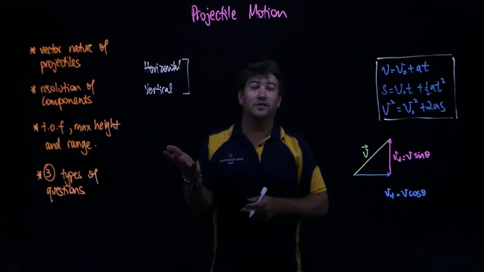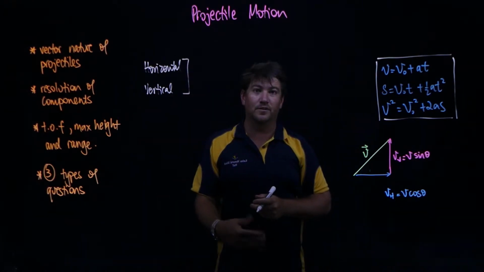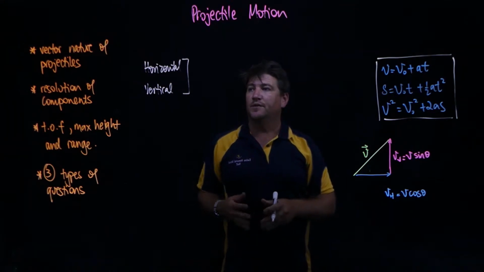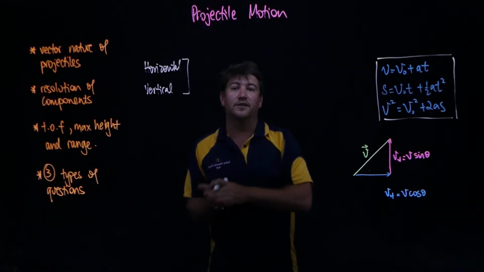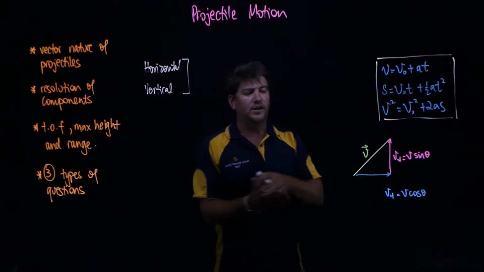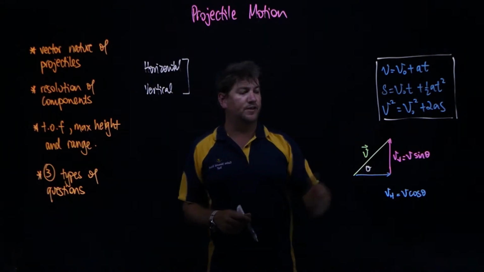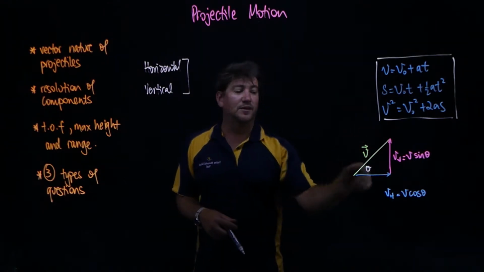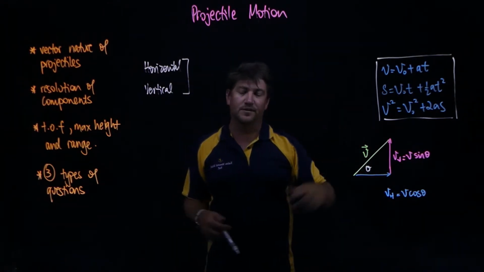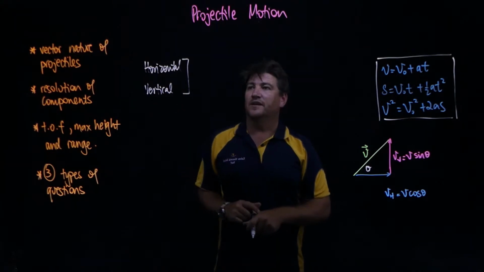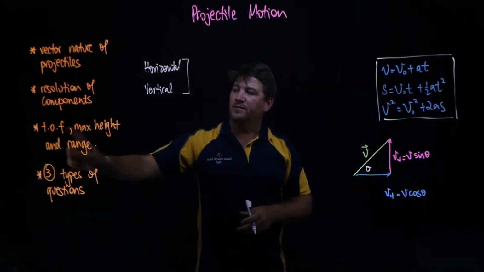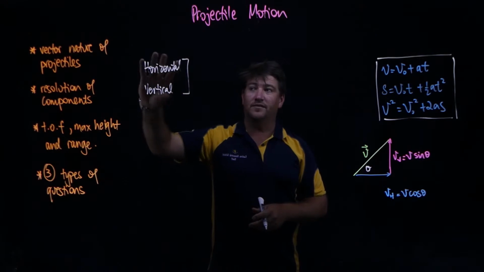If you increase the horizontal one, it won't do anything to the vertical one. They're independent of each other. If we're looking at a very specific projectile path, we launch at an angle theta at a speed of v. If we increase the angle theta, we will increase one component and decrease the other. So I guess they do loosely relate to each other, but when we're working out time of flight, max height and the range, we separate these two.